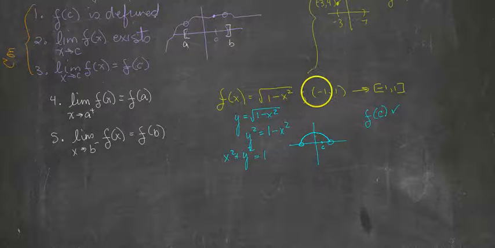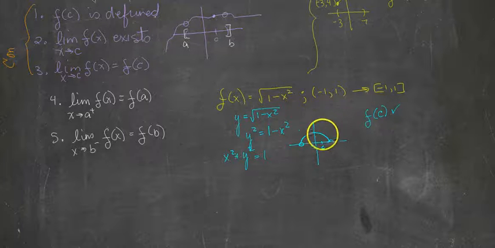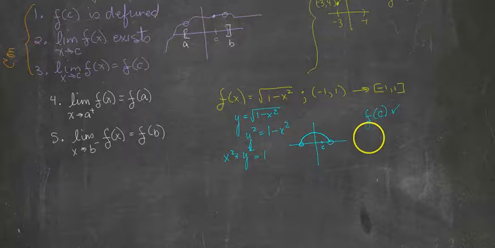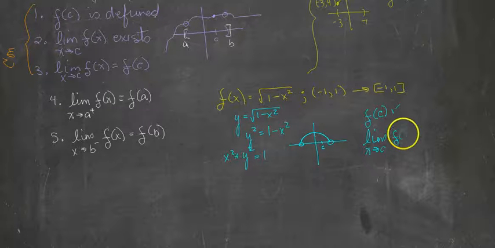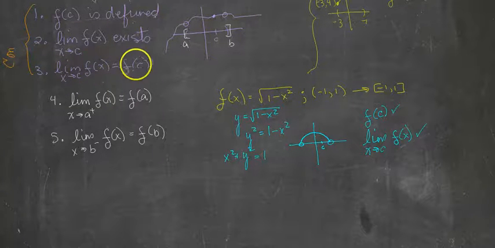Now the limit as x approaches c, does the limit exist? And in fact, if every c exists and we know we're getting a smooth curve, clearly the limit exists. So the limit as x values approach c of this function exists. Then, does the limit of the function equal the function at c?